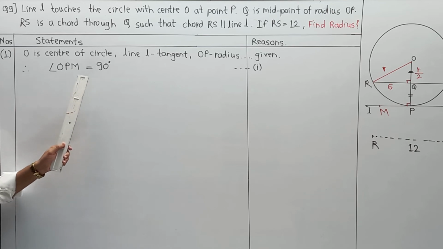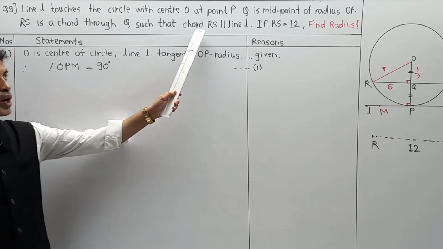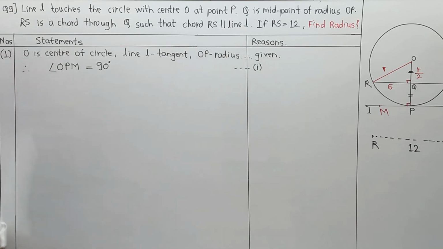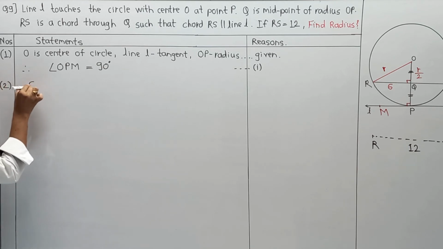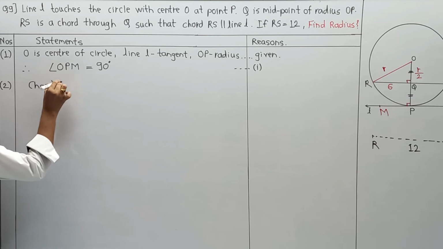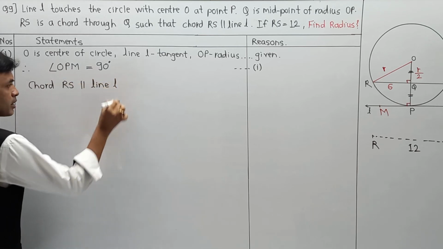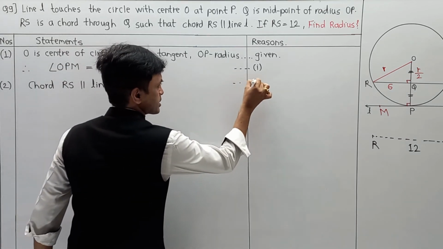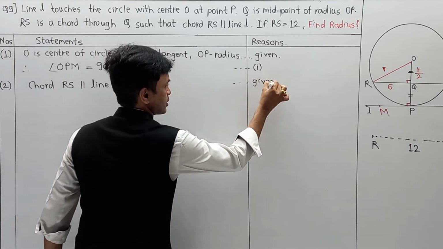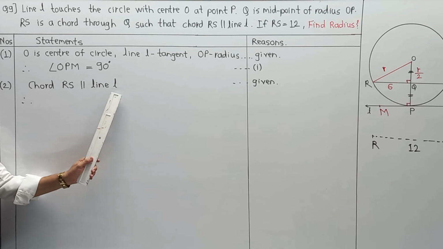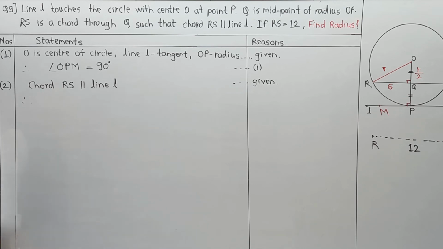Now in the second part, they have given as per their condition that chord RS is parallel to line L. So we are using that second group over here, and the part is chord RS is parallel to line L. They have given it, so I am going to write it as given. Therefore, RS is parallel to line L, then our OP acts as a transversal.